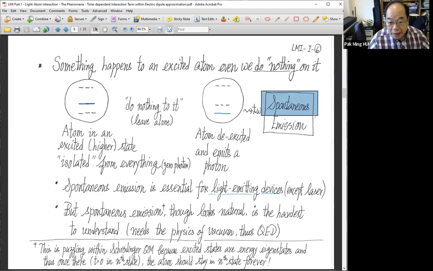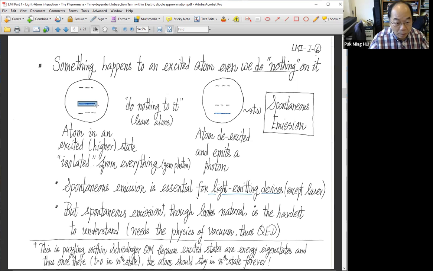I already said that it is more difficult to conceptually explain this phenomenon within Schrödinger quantum mechanics, for the very reason that if you learn your quantum mechanics well, these are energy eigenstates.